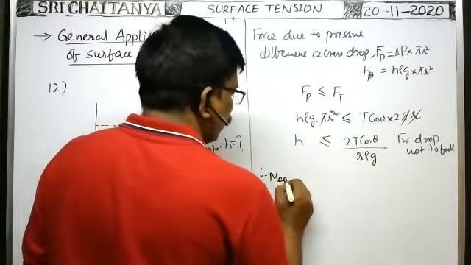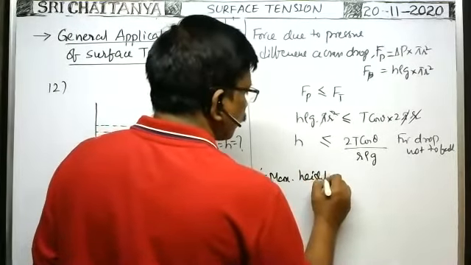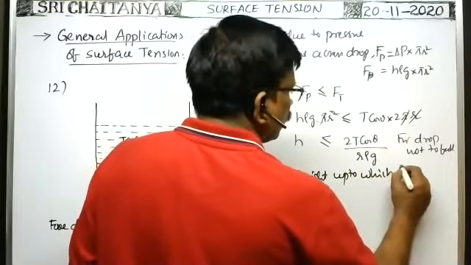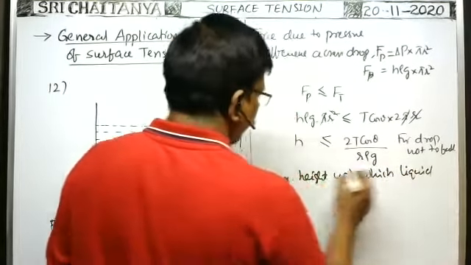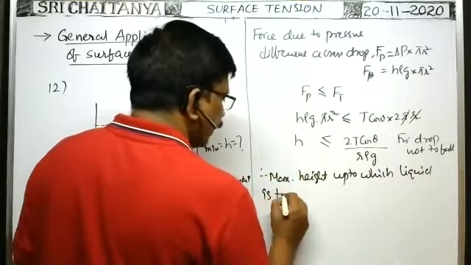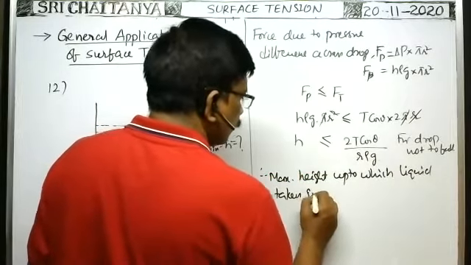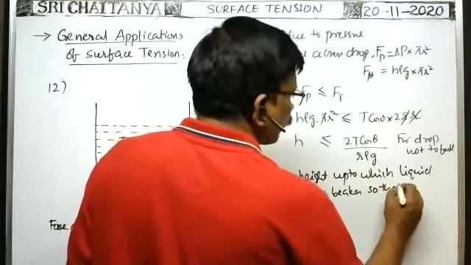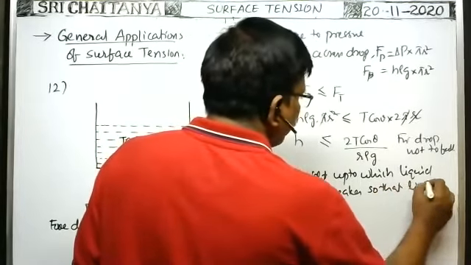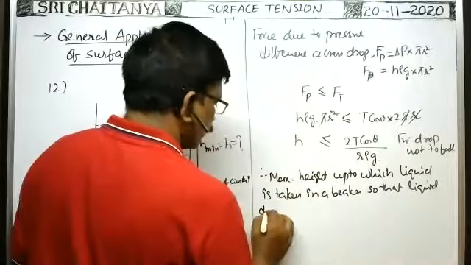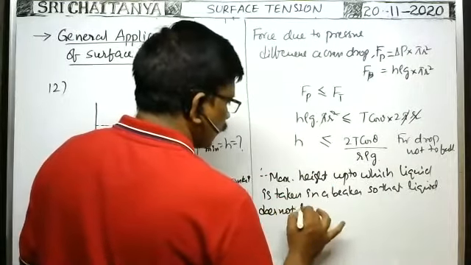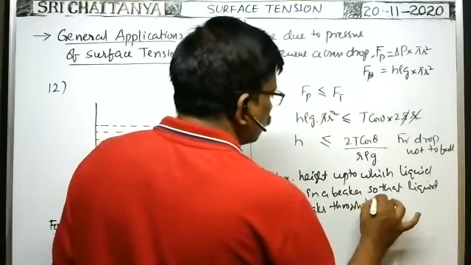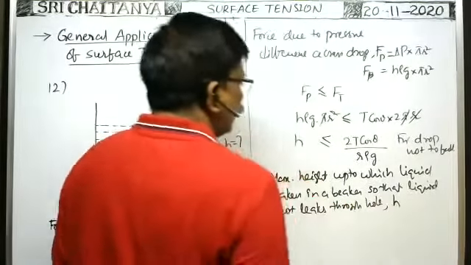Therefore the maximum height up to which liquid is taken in a beaker so that the liquid does not leak through the hole is H maximum.